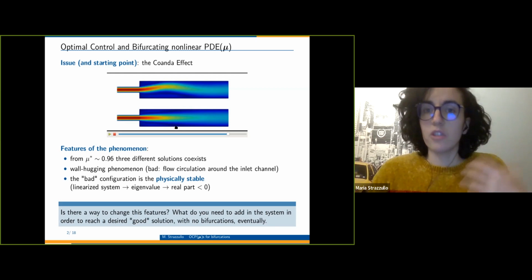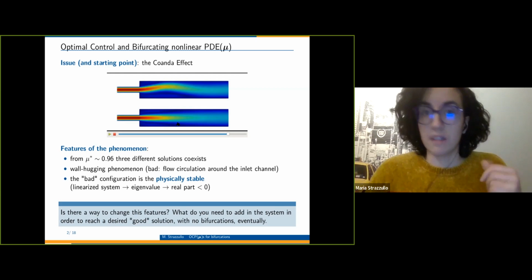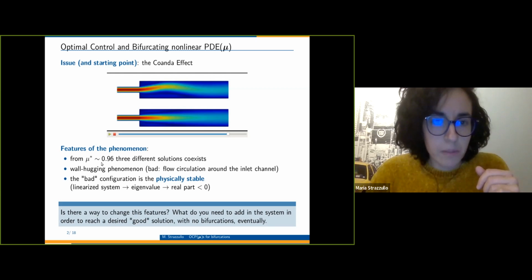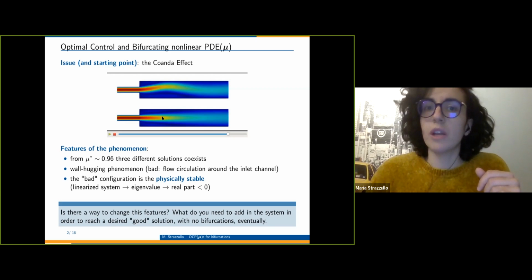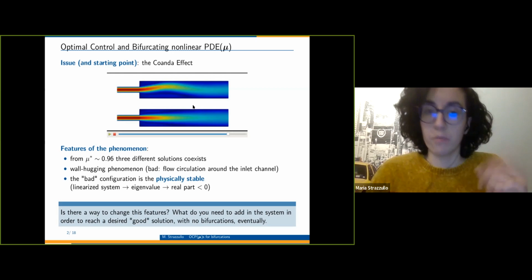So the uniqueness is no longer guaranteed, and your problem has lost uniqueness. From this parameter on, you are able to simulate the two behaviors that you can have in your mitral valve.